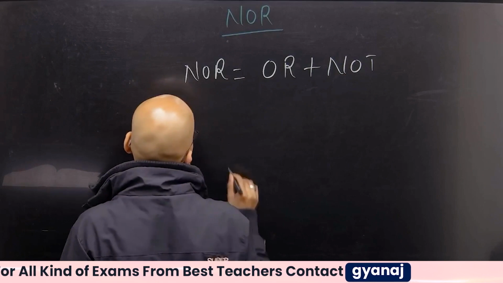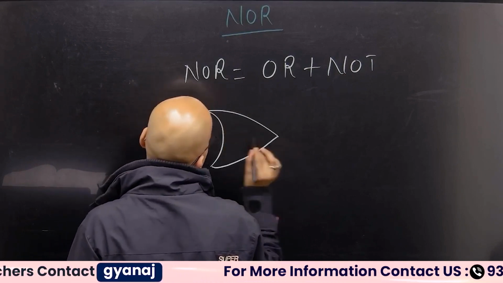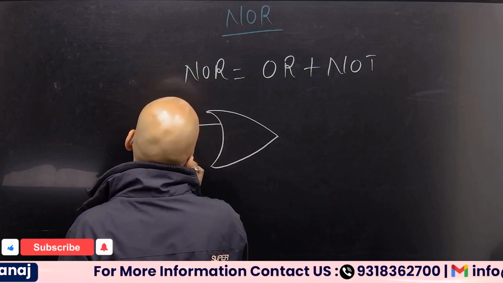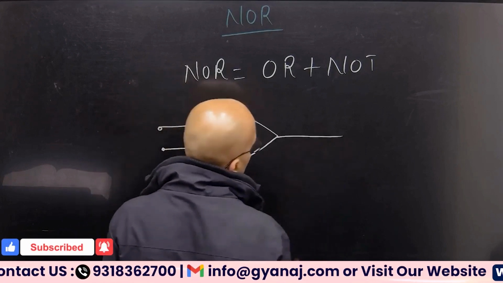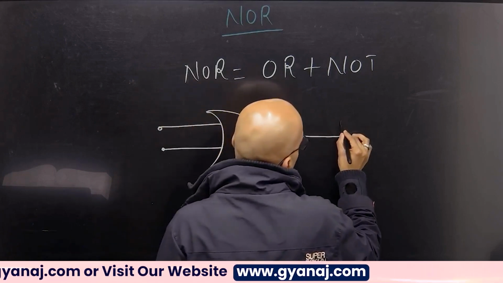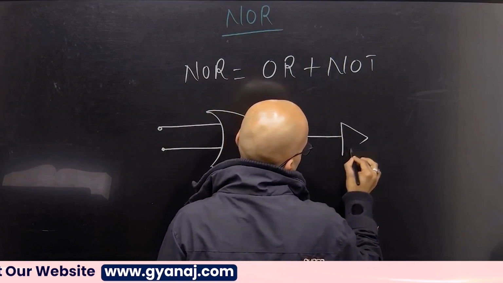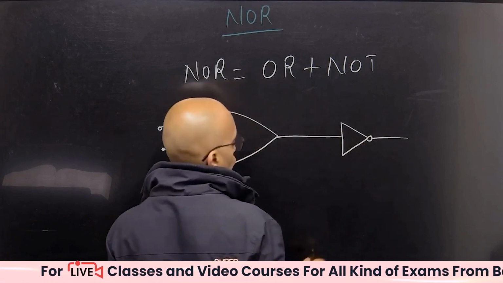So pay attention. That's the symbol for the OR gate. We have two inputs here. That's the output. And if you feed this output to the NOT gate, now you will obtain your NOR gate.